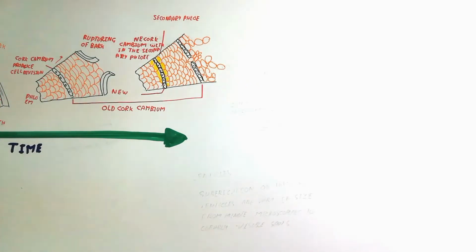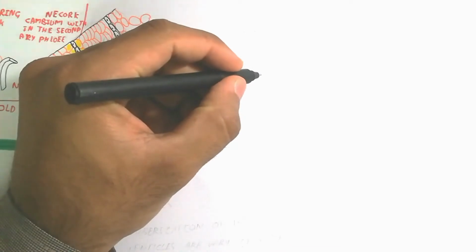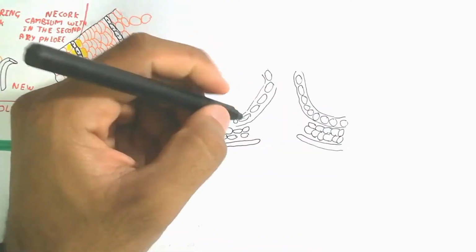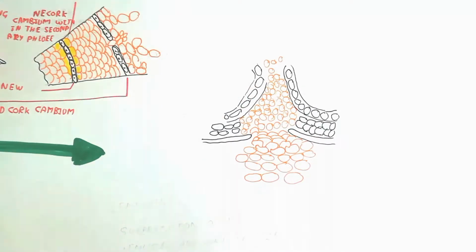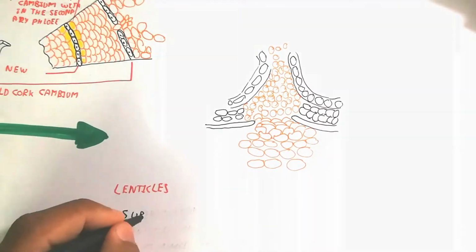Another thing is the outer projection of living cells growing from the phloem cells and living parenchyma cells, which is known as lenticels. Lenticulation means the suberization of the walls.